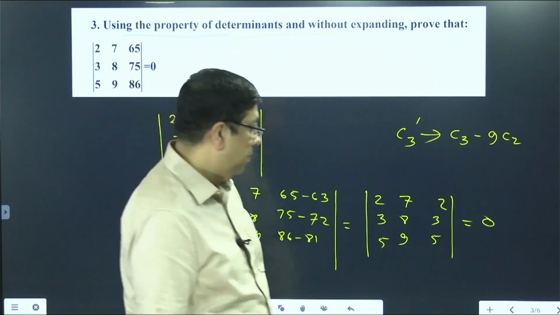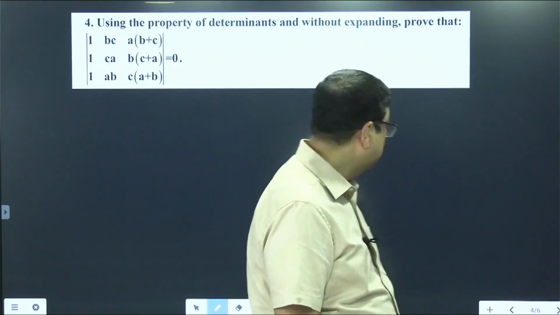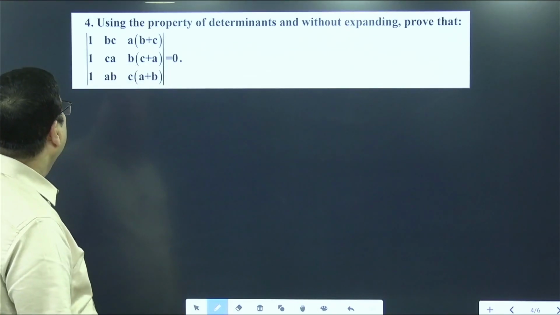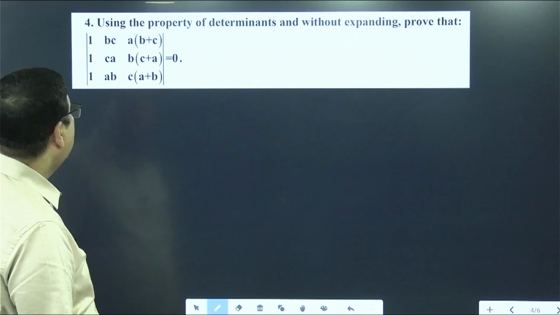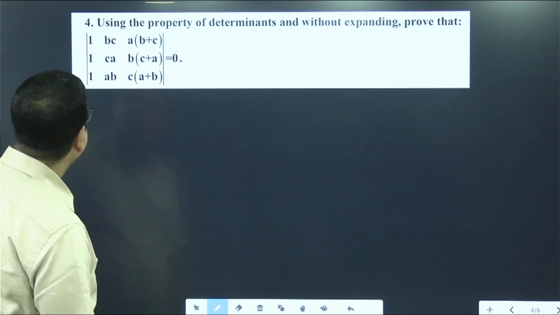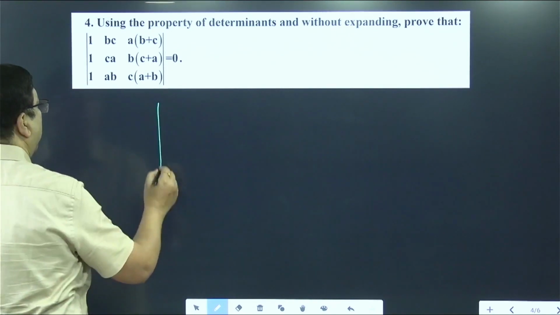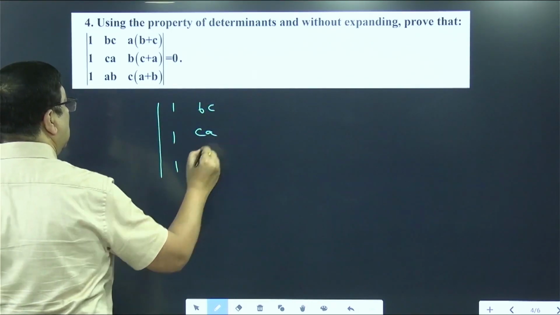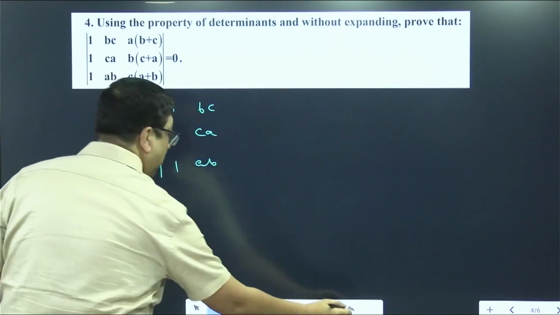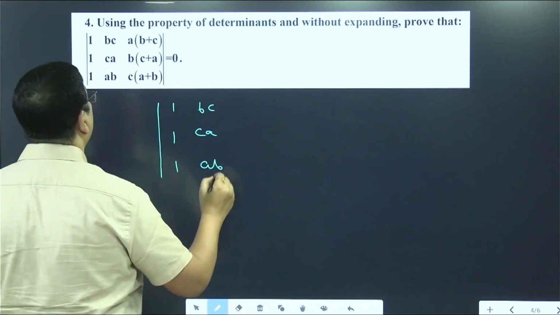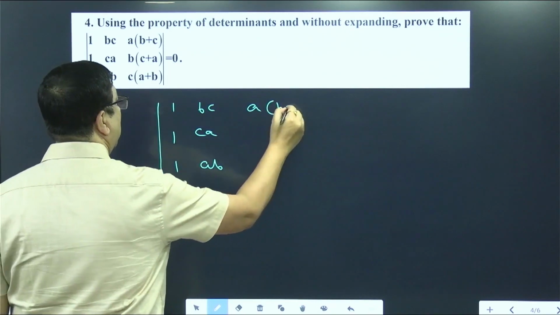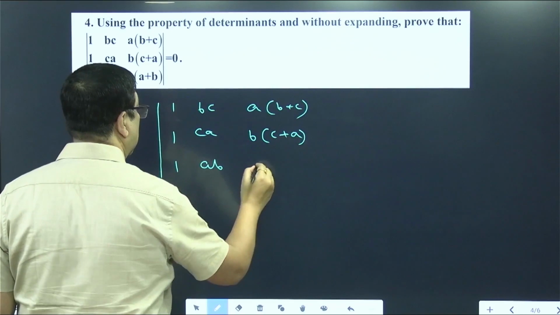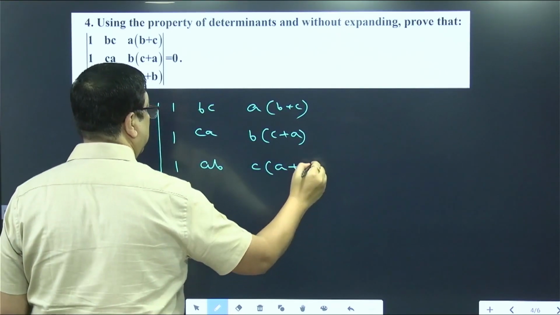Let's go to the next sum. Same statement: using the property, we have to prove that this determinant is 0. So let's start. The determinant is 1, 1, 1; a, b, c; bc, ca, ab. Here a into b plus c, b into c plus a, c into a plus b.